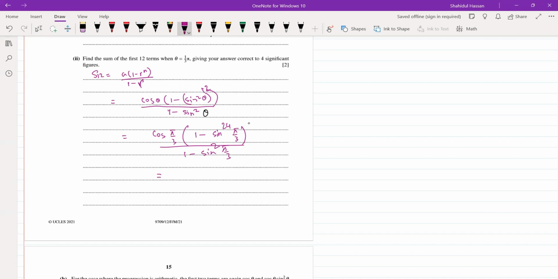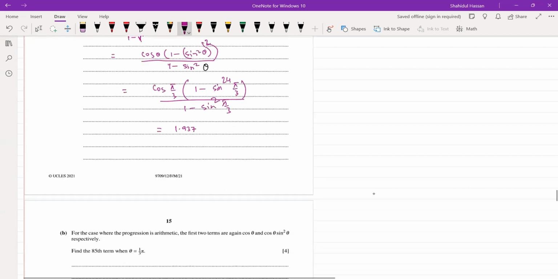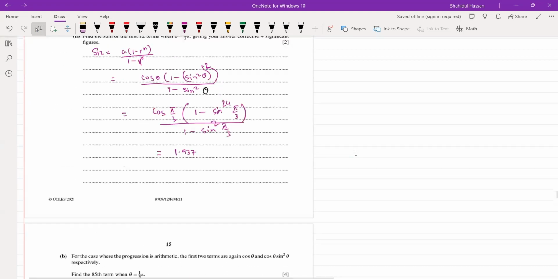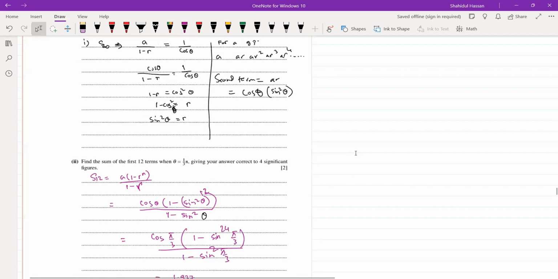I'm getting a value of 1.937, and that should be the correct answer. Once we are done with this, we can go for the next part.